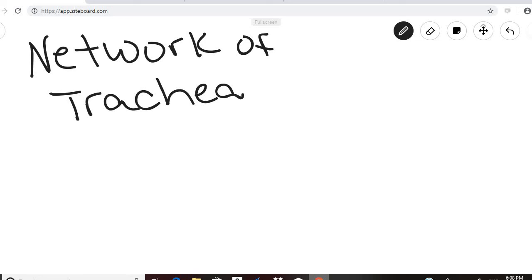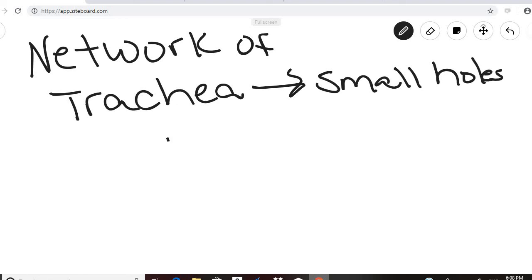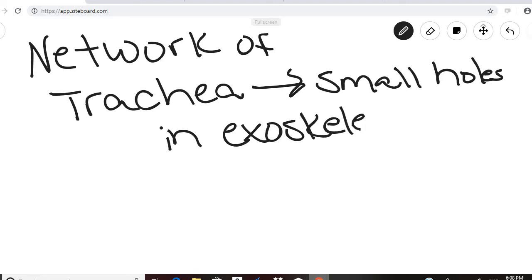This network of trachea connects to small holes in the exoskeleton. Insects don't have book lungs like the spiders, and they don't have gills like the crayfish, but they breathe through these small holes in the exoskeleton.